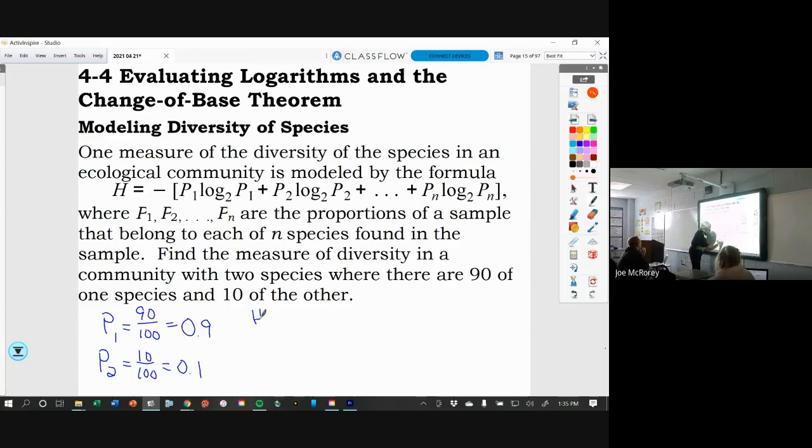So H equals negative, bracket, P1, which is 0.9, times log base 2 of 0.9, plus 0.1 times log base 2 of 0.1.